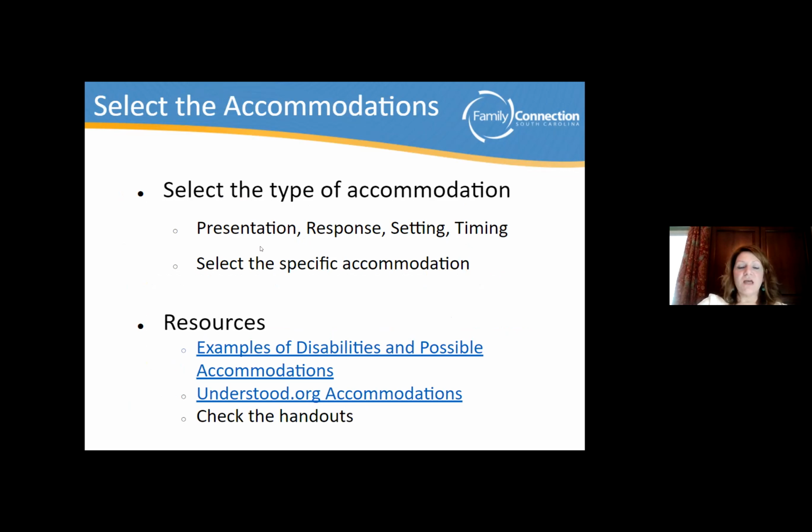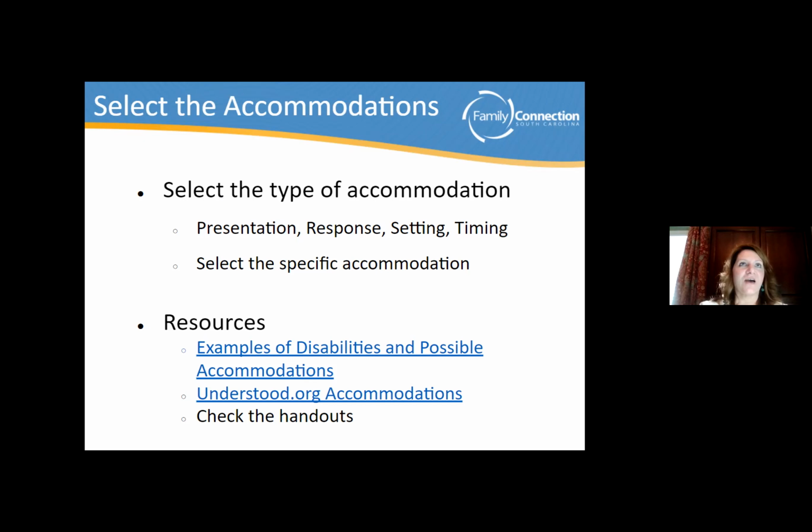Again, we talked about this already: presentation, response, setting, and timing and scheduling to select the appropriate specific accommodation. If you want to know more about these things, we're going through this a little quickly, but you've got those handouts with accommodations. A lot of times we get questions: what would be a good accommodation for reading comprehension?